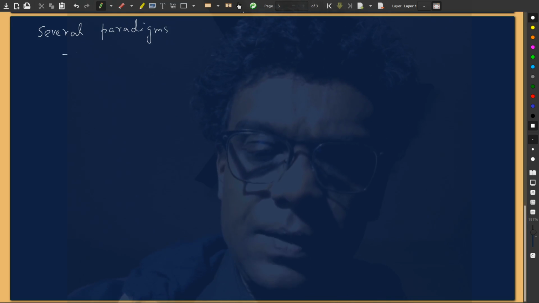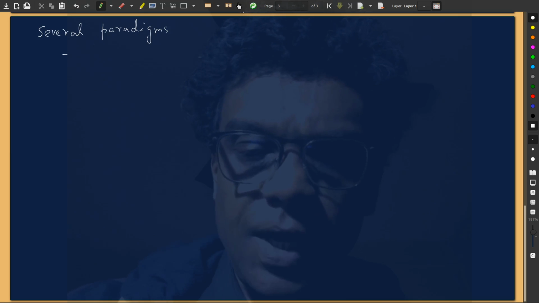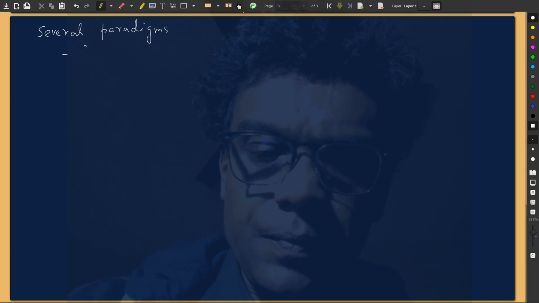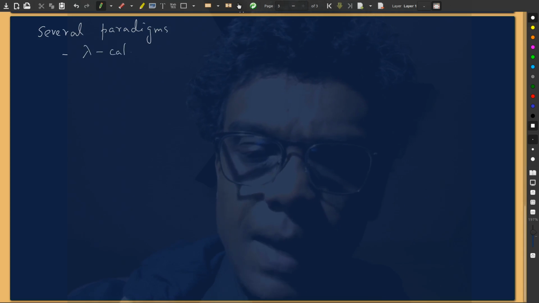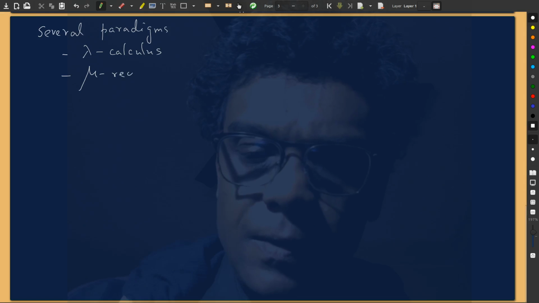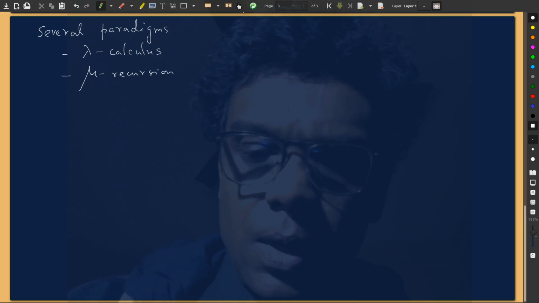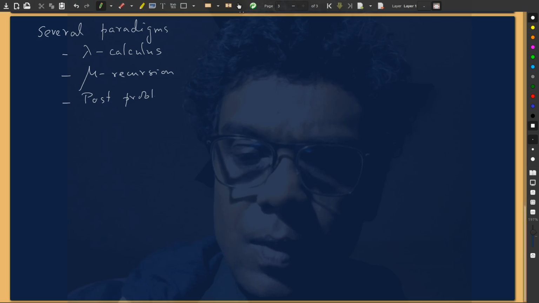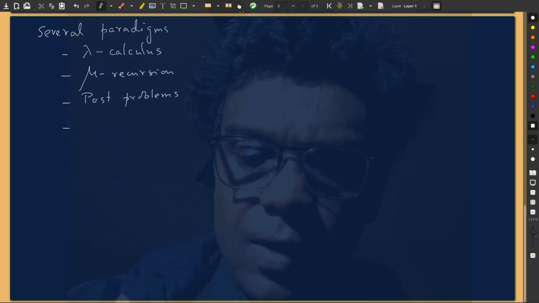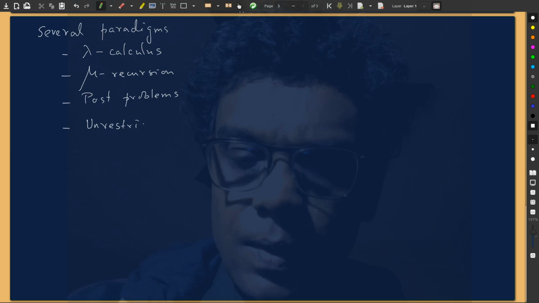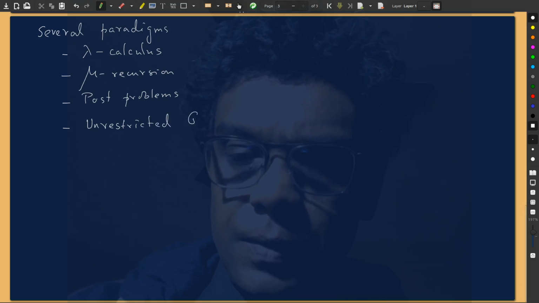So in the earlier days, maybe the first 2 or 3 decades, people talked about some formalisms like lambda calculus, theory of mu recursion, and then something like Post problems, and even something called unrestricted or type 0 grammars.